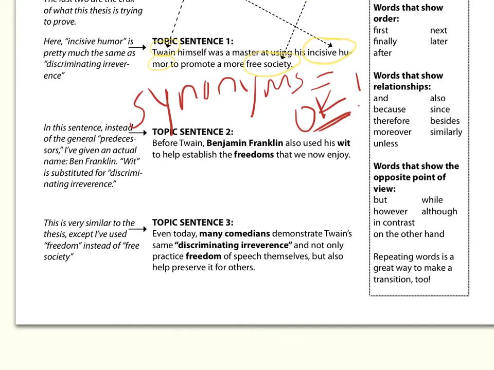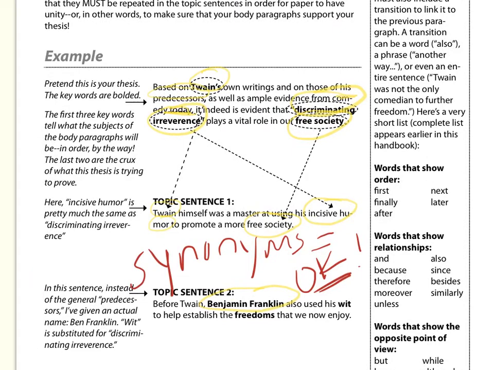All right, so there in the next topic sentence, we have, before Twain, Benjamin Franklin also used his wit to establish the freedoms we now enjoy. So all three keywords do show up. Benjamin Franklin is the predecessor that was talked about in the topic sentence.